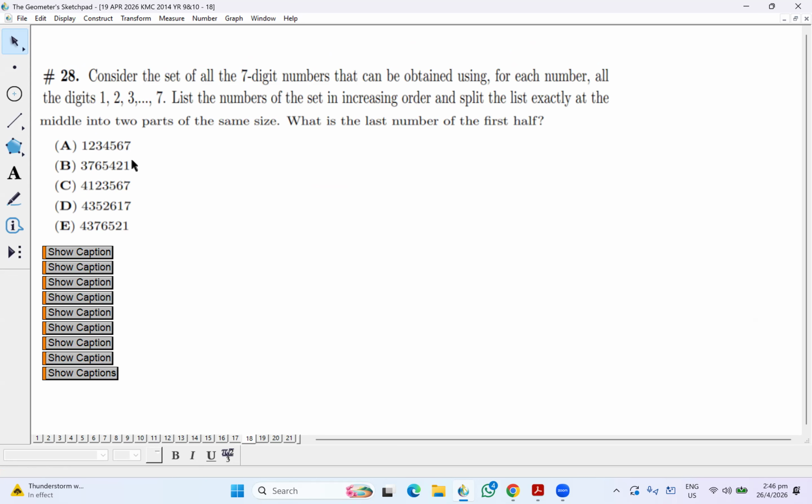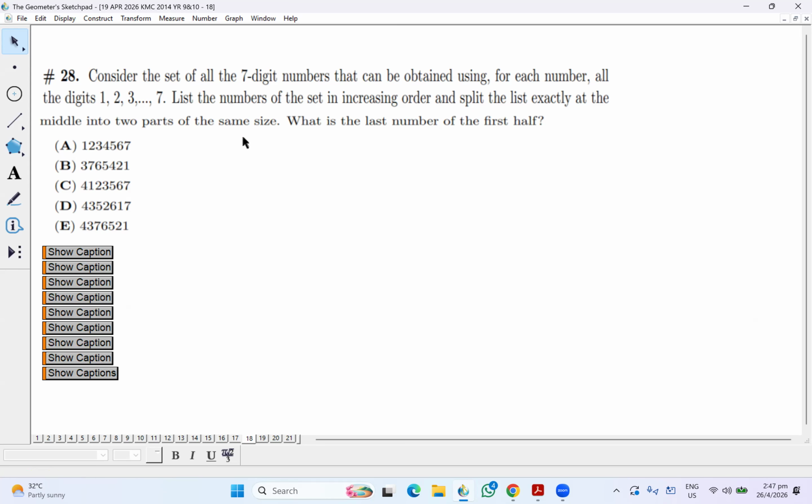So the first one is 1, 2, 3, 4, 5, 6, 7. The last one will be 7, 6, 5, 4, 3, 2, 1. You want to split the list exactly at the middle into 2 parts of the same size. What is the last number in the first half?